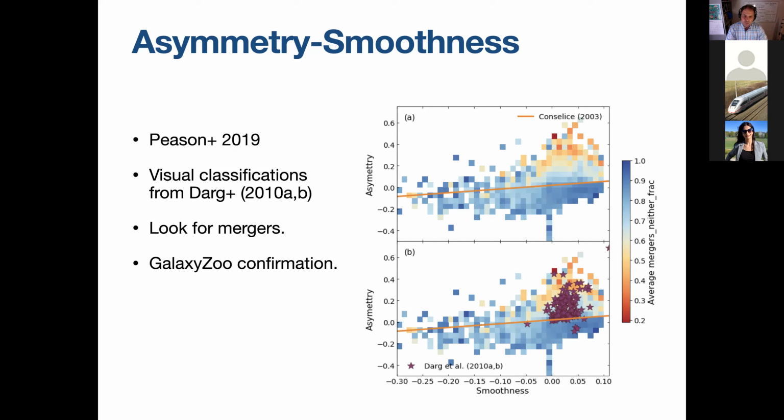But what you want to take away from this is that these classifications do work, provided you're in the same survey. If all images have the same characteristics, the same wavelength or the same spatial resolution, meaning actual physical resolution, and you can see the same level of details among all the galaxies, so they have to be at roughly the same distance as well, then it works in a statistical sense.